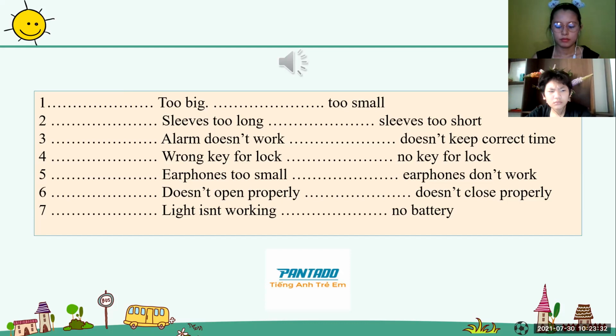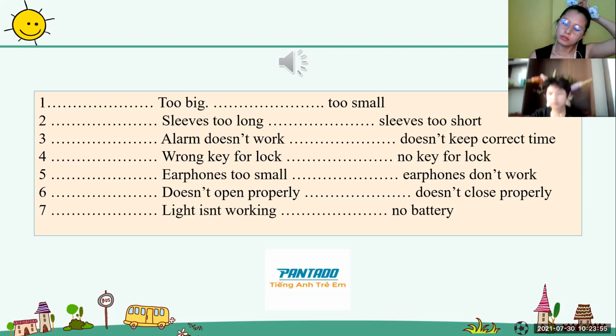3. There's something wrong with this clock. It gains about an hour every day. 4. I'm afraid there isn't a key for the lock on this bag. 5.